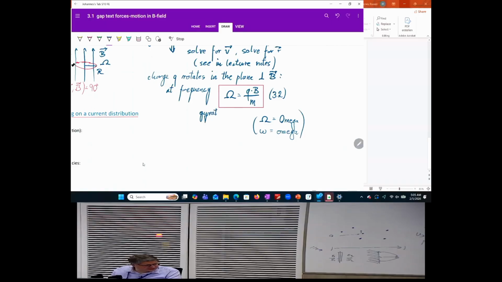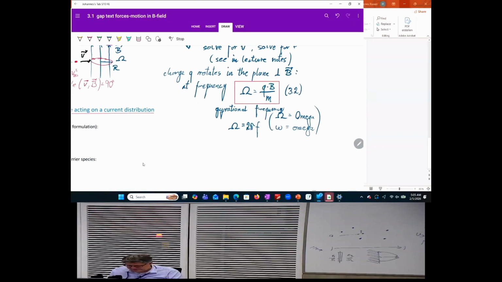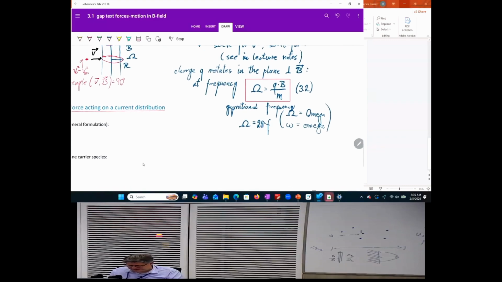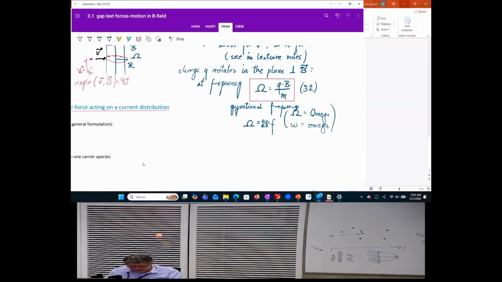Gyration basically means to turn, also from Greek. The gyration frequency, as a frequency, is basically 2 pi times f. That is a regular frequency as in per second, and the gyration frequency gives you 2 pi over some seconds.